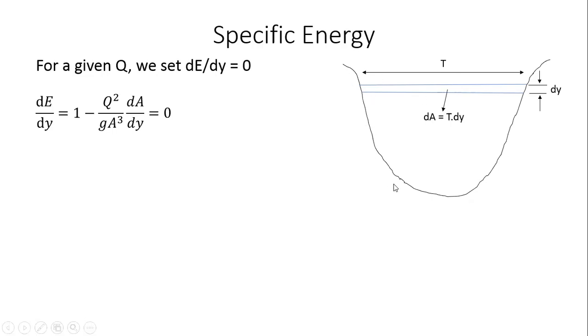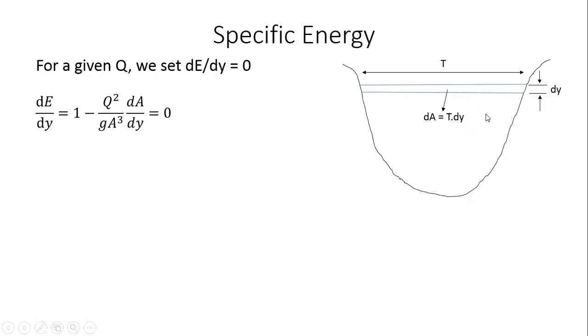So I take some random cross section which has some flow depth. At the top, I have the top width of capital T. Then I take a small elemental area at the surface of the channel of depth dy. So the area of this elemental area will be dA, which is equal to T times dy, right?